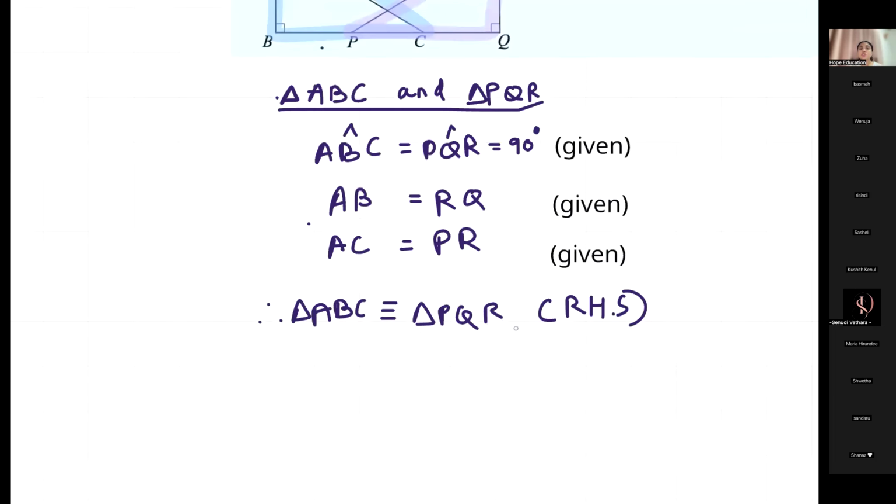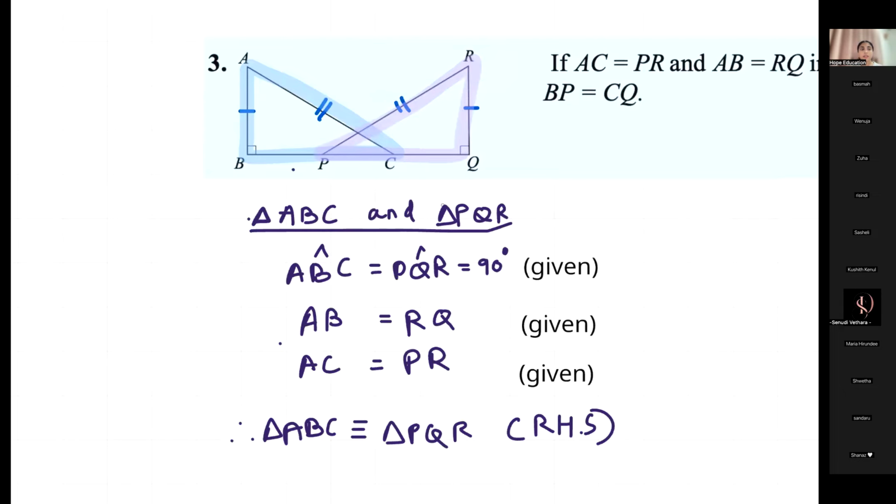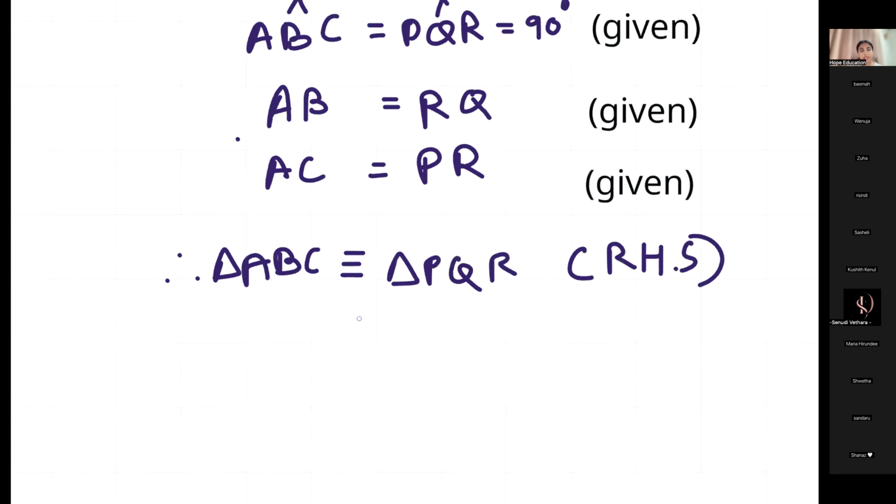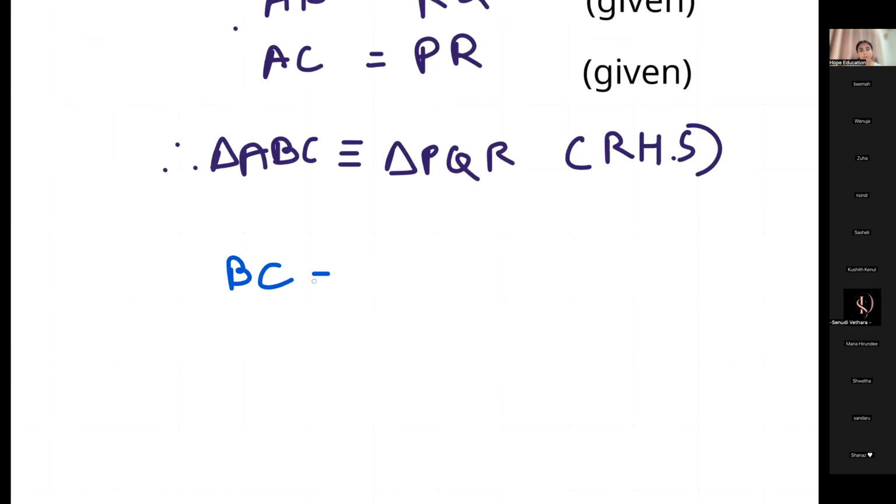Now, since these two triangles are congruent, we can say BC side is equal to PQ side. Right? In the blue triangle, the side BC is equal to the side PQ in the purple triangle. So I say BC is equal to PQ.